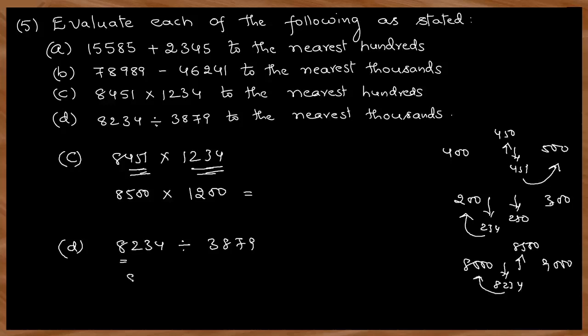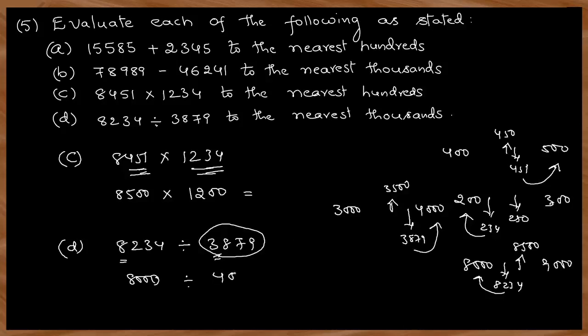So you can write it as 8,000 divided by, now here it is 3,879, which is nearest to the 4,000 if you observe. So with 3,000 to 4,000 you have to check here. The middle number is 3,500, but the given number is 3,879, nearest to the 4,000. So now you can write it as 4,000.